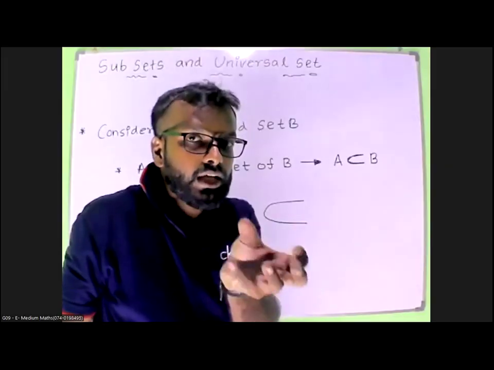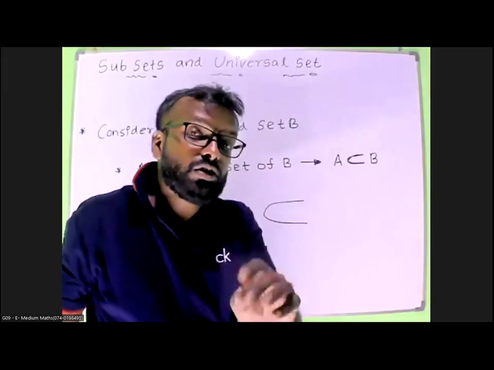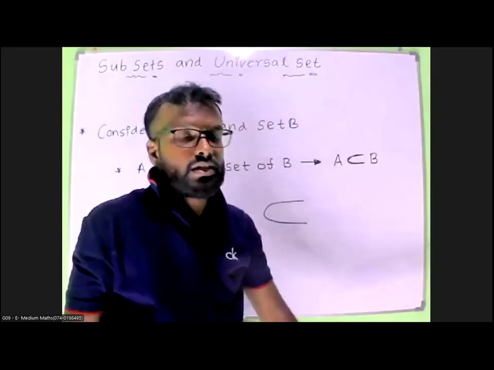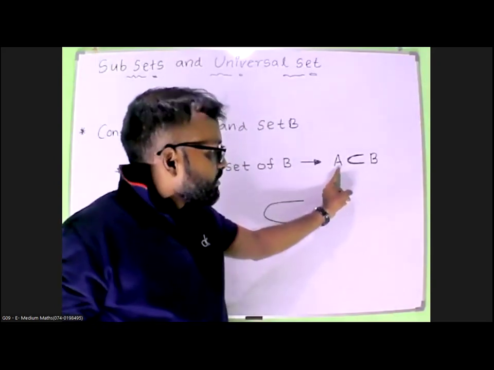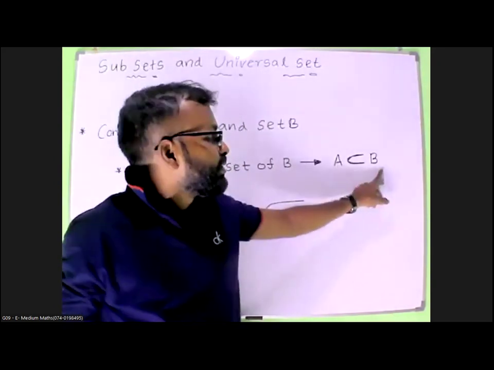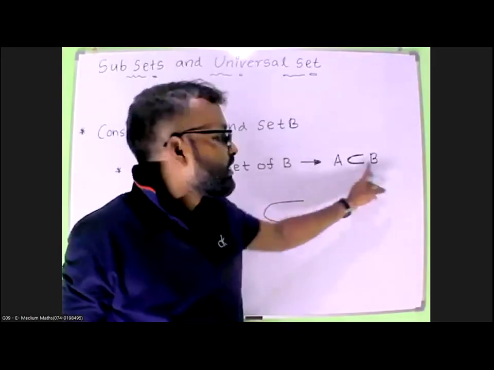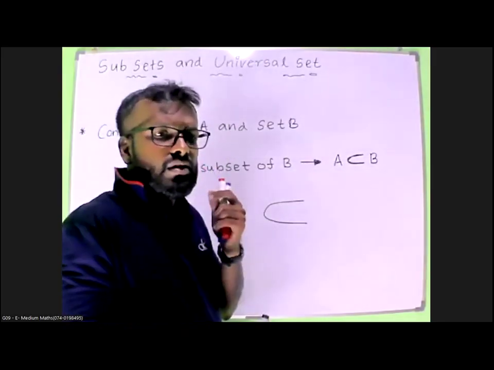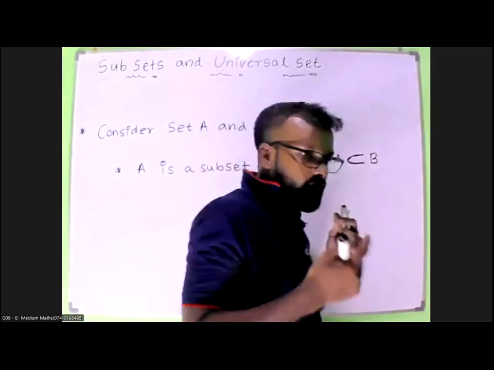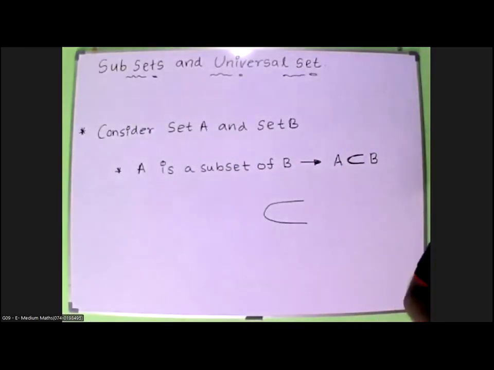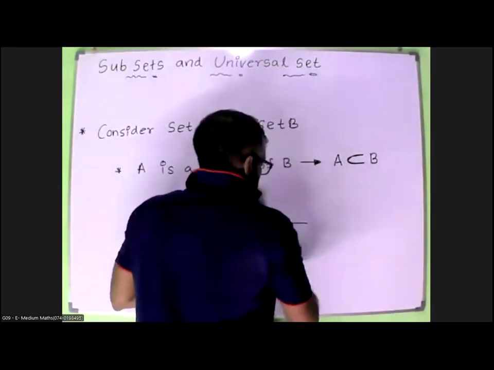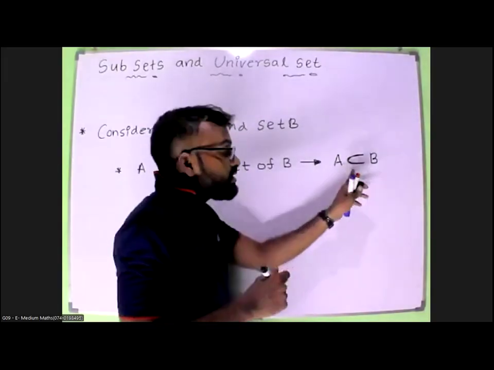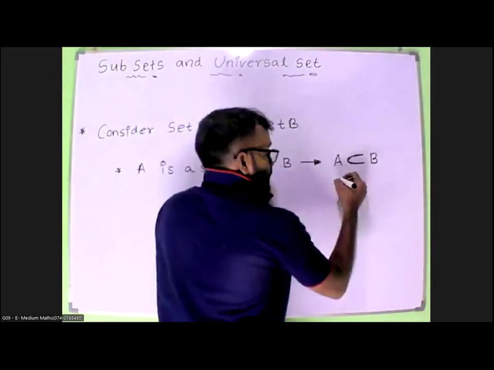So Earth is a subset of the universe. This is something like Earth, this is something like universe. A is a subset of B, and you can write the same thing in a different way also.